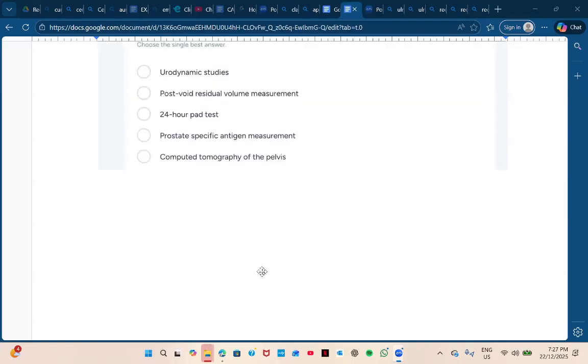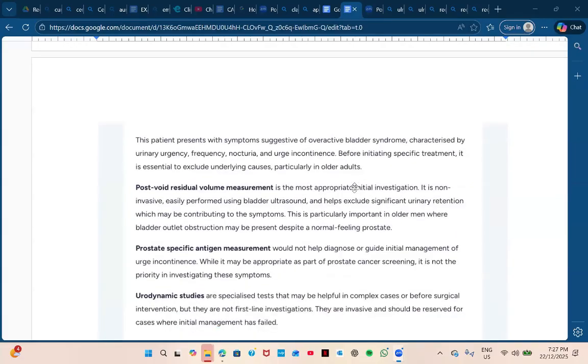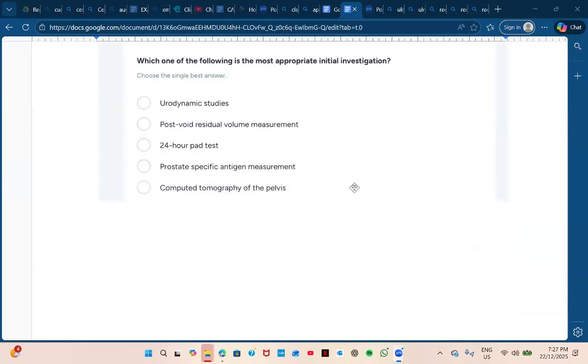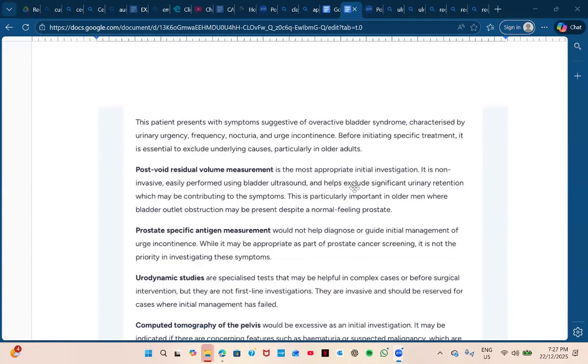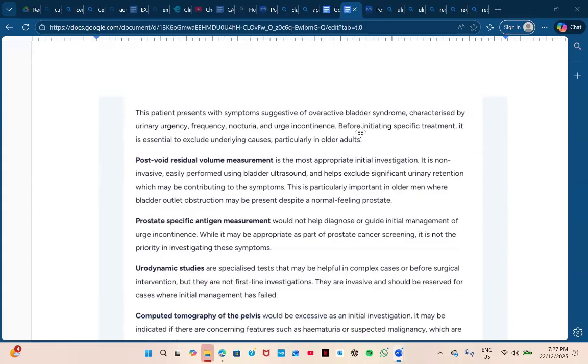Okay, I'll explain. Here, the answer is post void residual volume measurement. Even I was doing my preparation and I was also going with something else. Then I did the eMedici, then I got the point. So this patient presented with symptoms suggestive of overactive bladder syndrome, that means urge incontinence, characterized by frequency, urgency, nocturia.